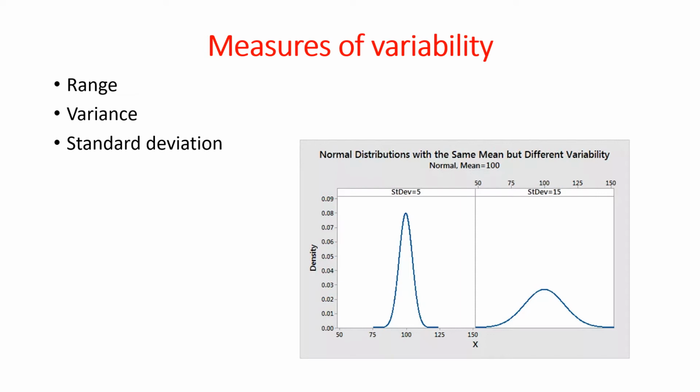If you have a set of data, you always want to report one or two measures of central tendency, such as mean or median. And at the same time, people expect you to report at least one measure of variability to show how spread out your data is.